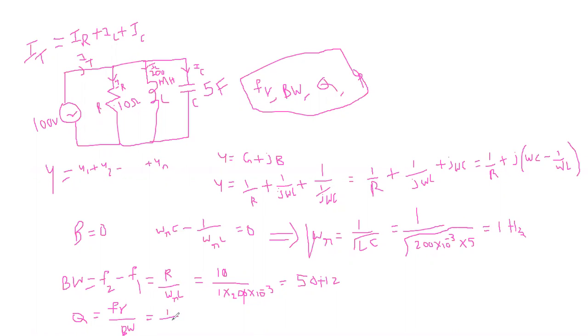Bandwidth is 50. 1 by 50, approximately 0.02. Yes, sir. Approximately 0.02 is the quality factor. This is the way to calculate the resonance frequency, bandwidth and quality factor when resistance, inductance, capacitance are in parallel.